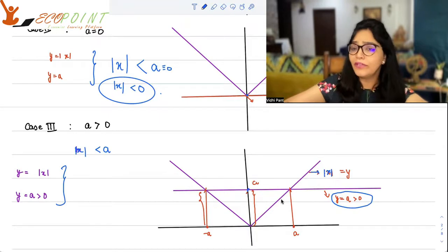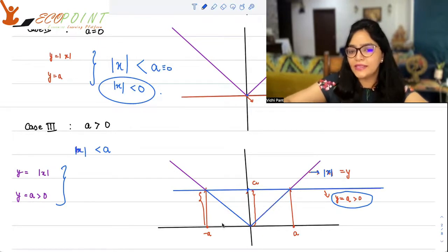Okay, what are we interested in? We're interested in what are the x's wherein the absolute value of x is lesser than this a. So this height is a. Where is the graph of mod x lesser than this height? Well, clearly it seems like here the height is lesser, here the height is lesser.